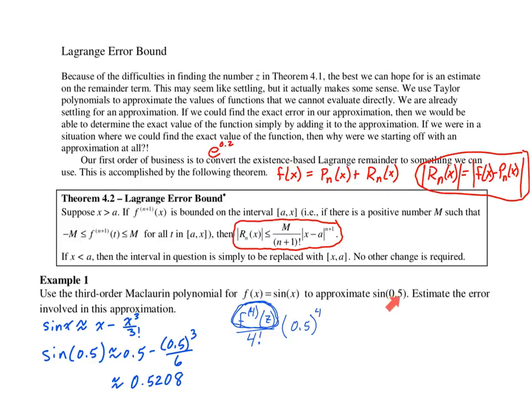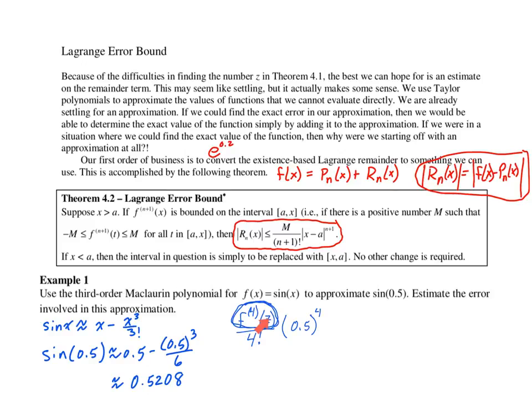For this one it's going to occur at 0.5, because 0.5 is further away from the center, which means 0.5 is going to give us a larger error than anywhere else on the interval from a to x. In this case, from the center to 0.5. So when x is 0.5, that's going to give us the largest possible error.